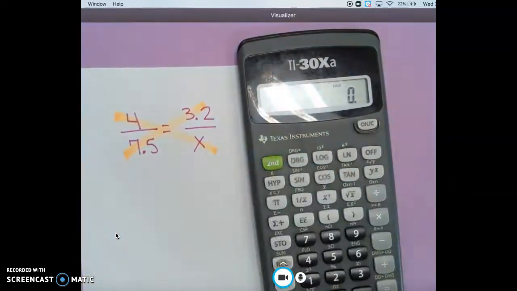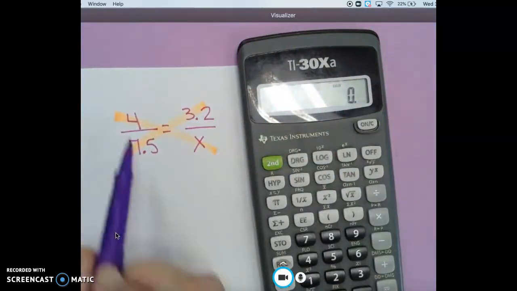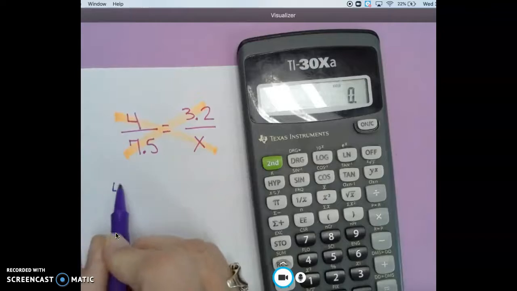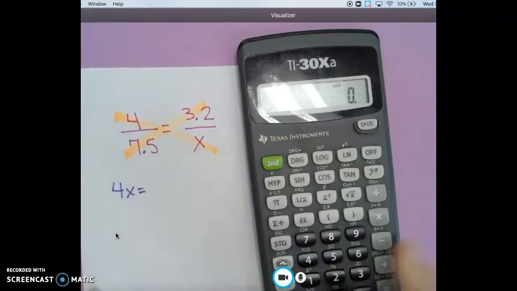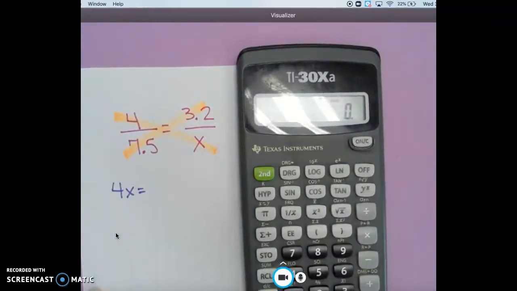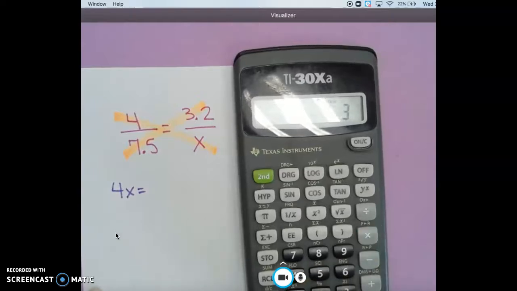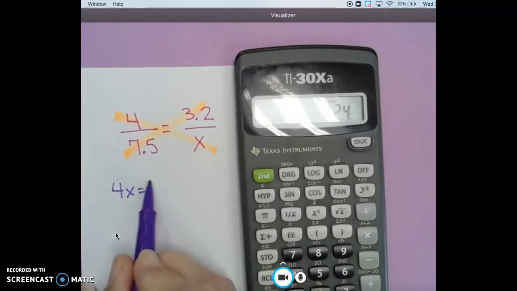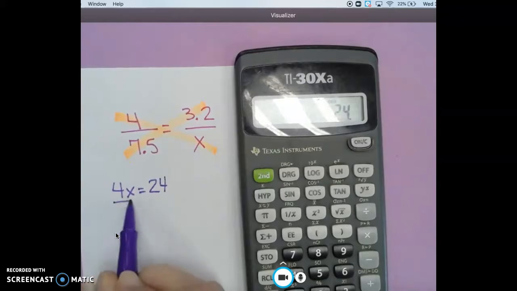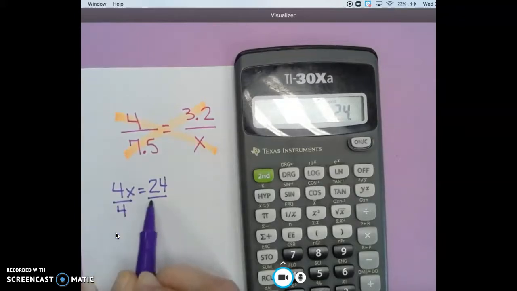I'm going to start with the diagonal with my variable, so that's going to be 4x equals, I can't do that in my head, so 7.5 times 3.2, and that is 24. And if we divide both sides by 4, we get x equals 6.